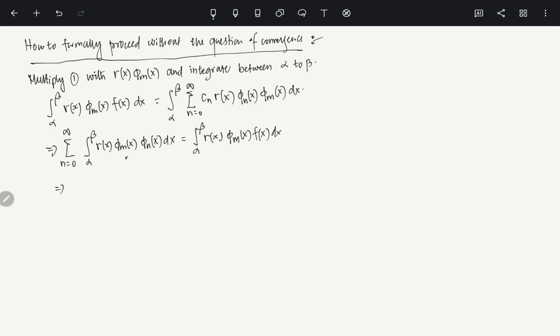So for n not equal to m, the integral of r phi_n phi_m from alpha to beta is 0. The only part remaining is n equals m, in which case it is the norm of phi_m squared.